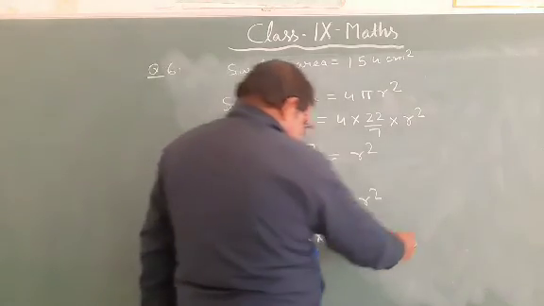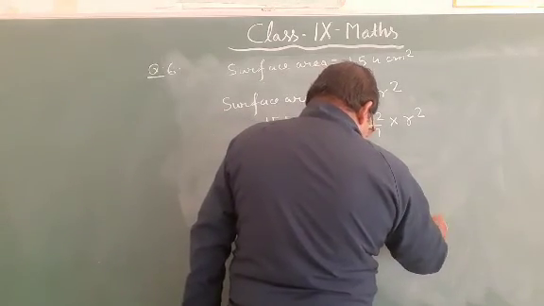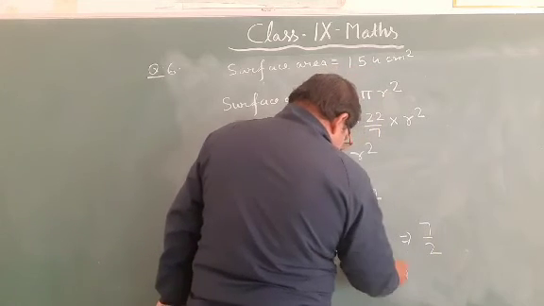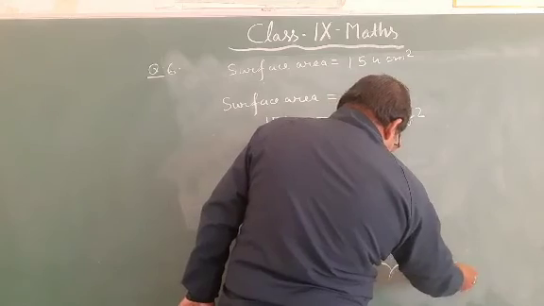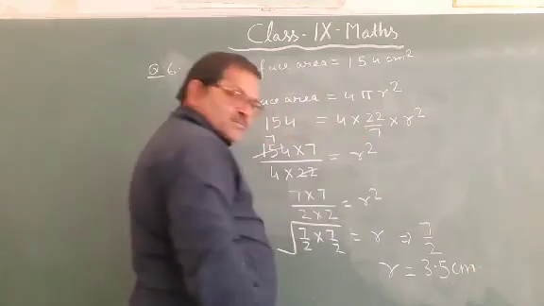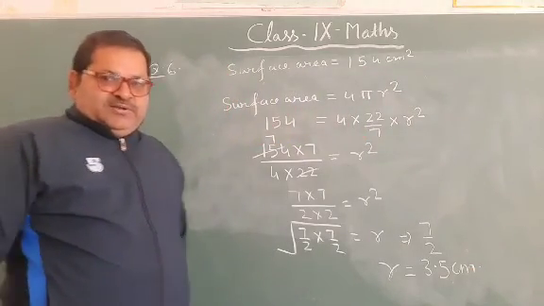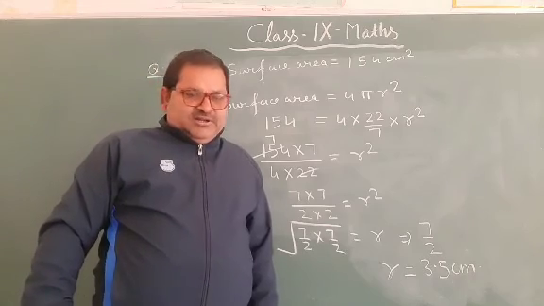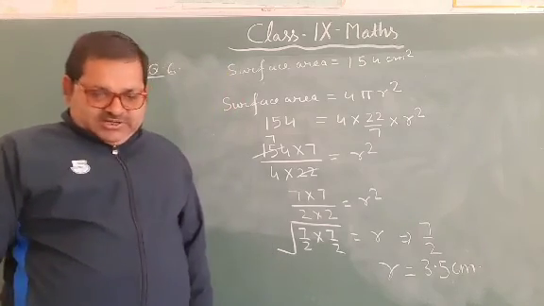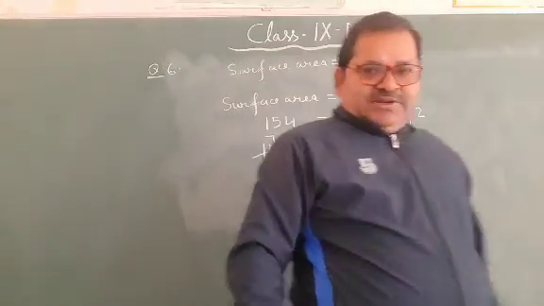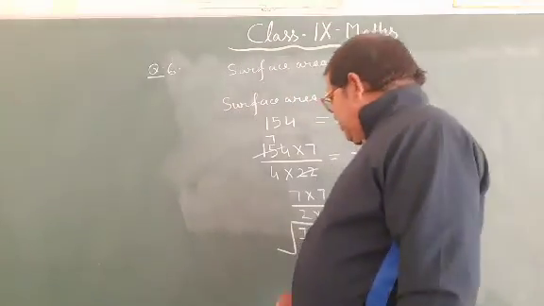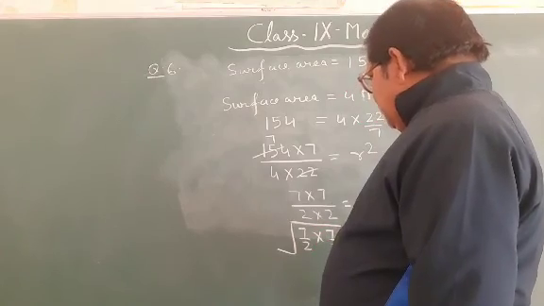So r is equal to 7 by 2 and r is equal to 3.5 centimeter. 3.5 centimeter is the radius of sphere.